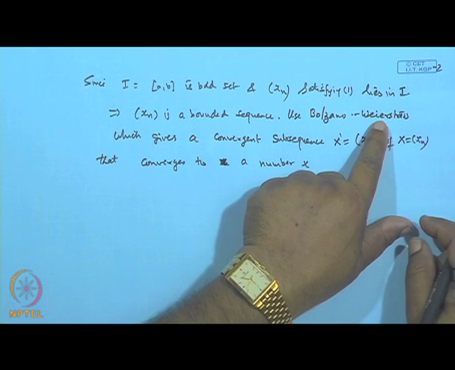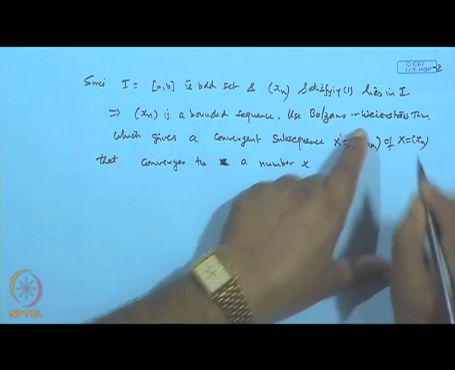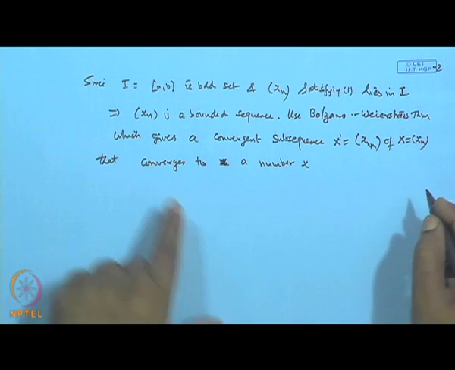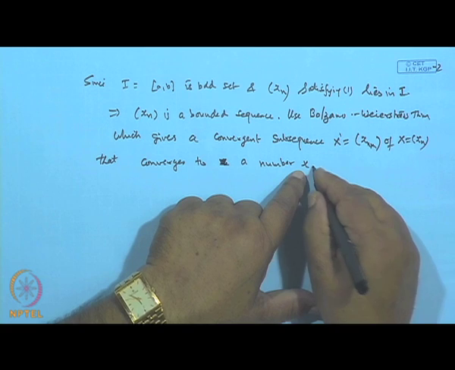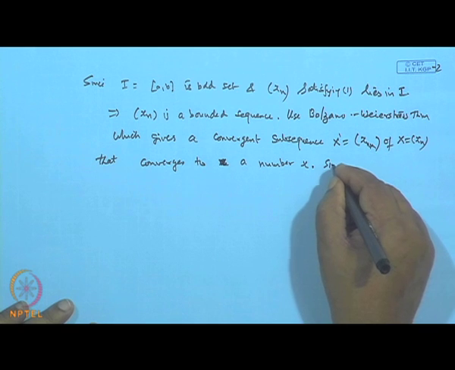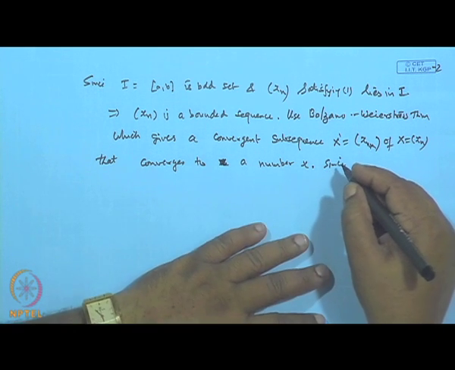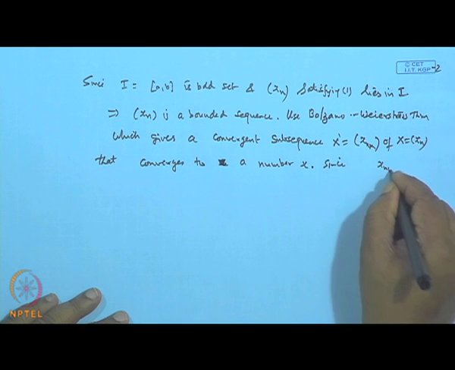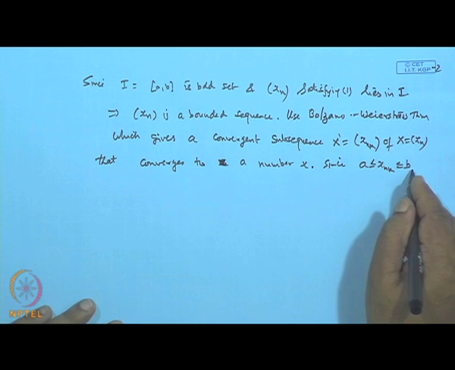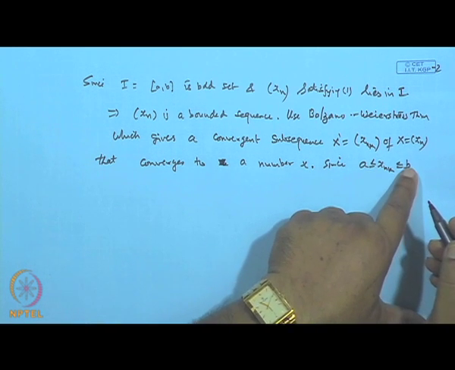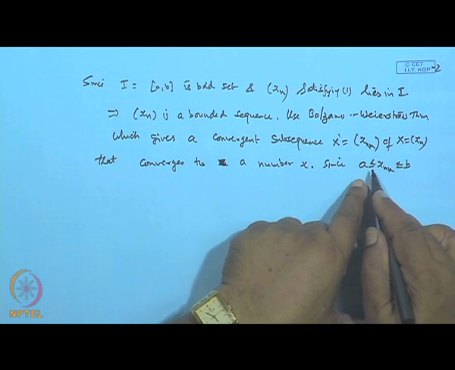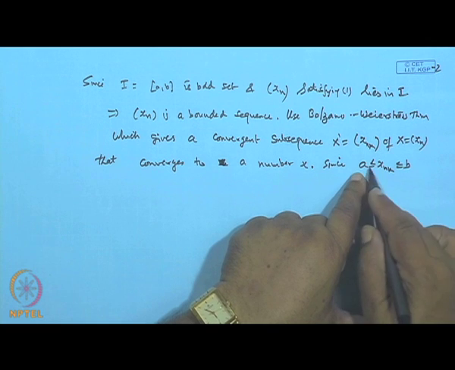So, by the Bolzano-Weierstrass theorem we can get a subsequence which is convergent and converges to a number x. Now, this x obviously belongs to I. Why? Because all the terms of the sequence x_{n_k} lie between A and B. I is a closed interval, and all the terms of the sequence lie in it. So, the limit of this sequence cannot exceed these bounds; it will always lie between these two bounds.